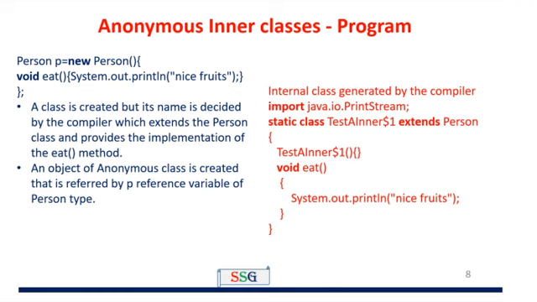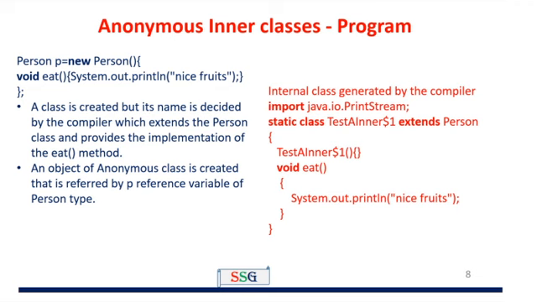On the right-hand side, I am calling here the internal class generated by the compiler for the above three statements. That is, import java.io.PrintStream, then static class TestAInner$1 extends Person, open curly brace, TestAInner$1 empty definition, void eat, System.out.println nice fruits, close curly brace, close curly brace.